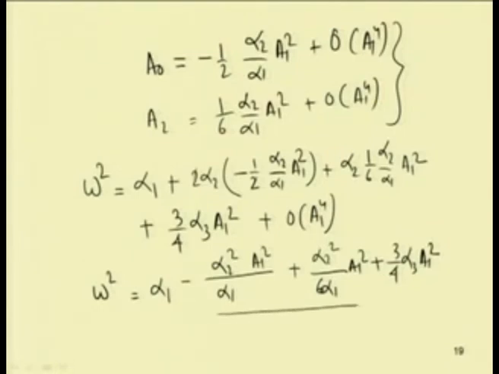One can combine these two, because here we have alpha 2 square a1 square, and here also alpha 2 square a1 square. So, this becomes minus 5 by 6 alpha 2 square a1 square.